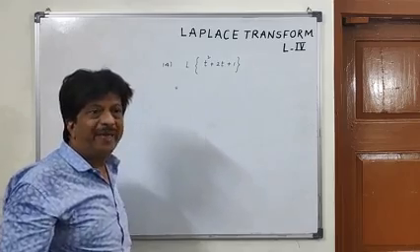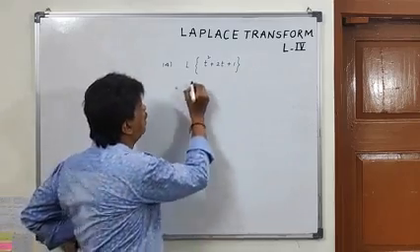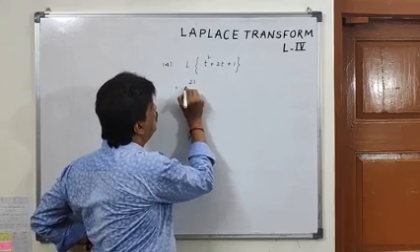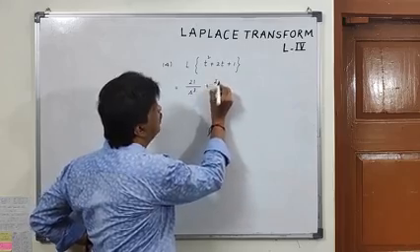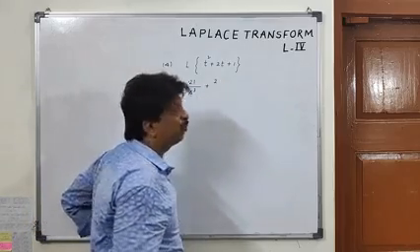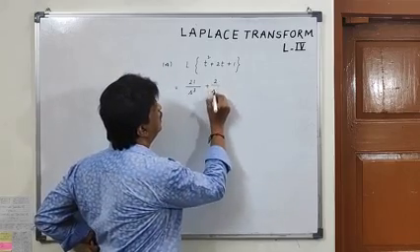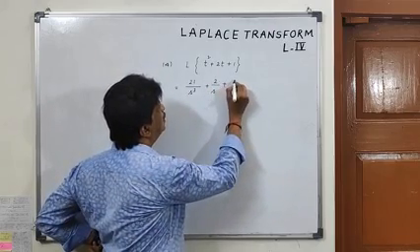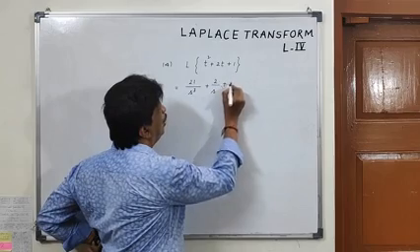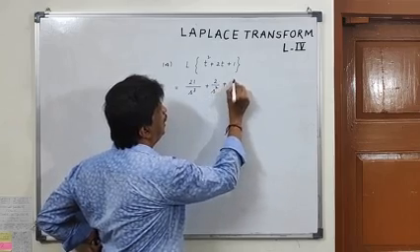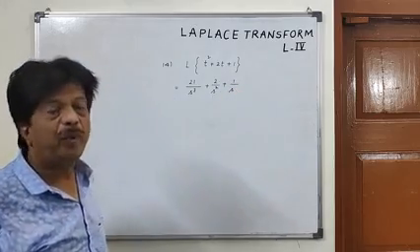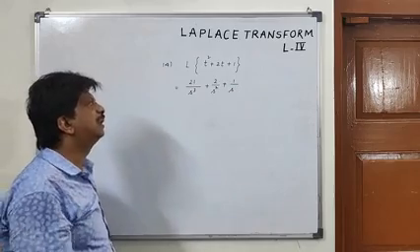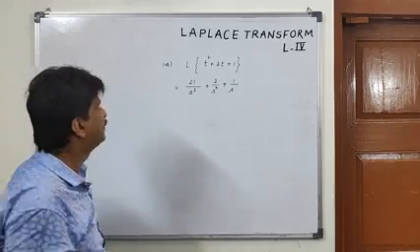Laplace transform of t square is 2 factorial upon s cube, plus 2 times the Laplace transform of t, which is 1 upon s square, and that of 1 is 1 by s.